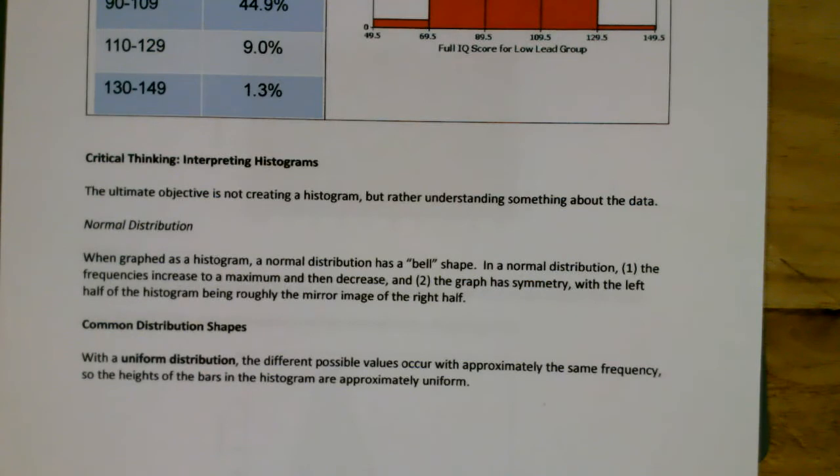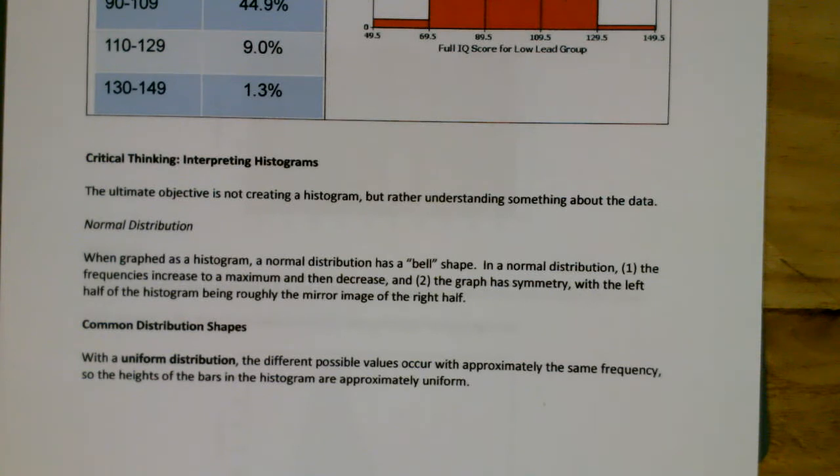Here's some critical thinking when we're interpreting histograms. The ultimate objective is not creating a histogram, but rather understanding something about the data. Like the normal distribution: when graphed as a histogram, a normal distribution has a bell shape. In a normal distribution, the frequencies increase to a maximum and then decrease.